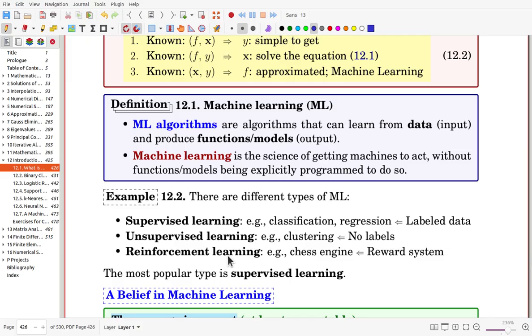Reinforcement learning is like in a chess engine. An agent will learn a policy which maximizes the reward. So try to get the reward as large as possible. The most popular type of machine learning is supervised learning.